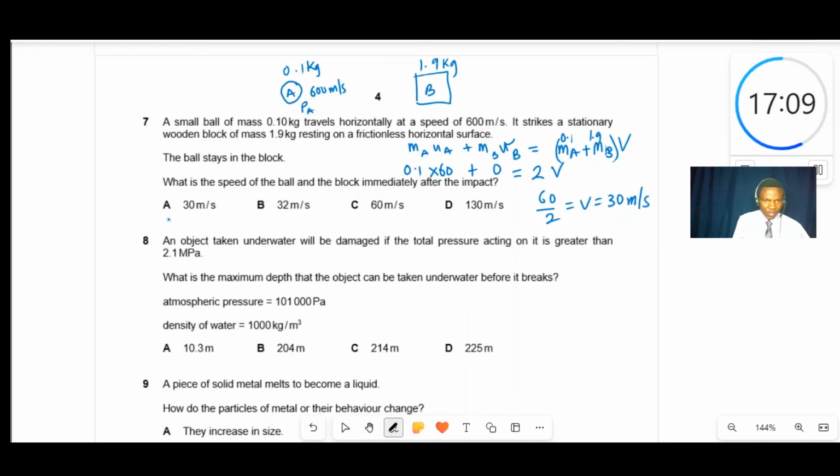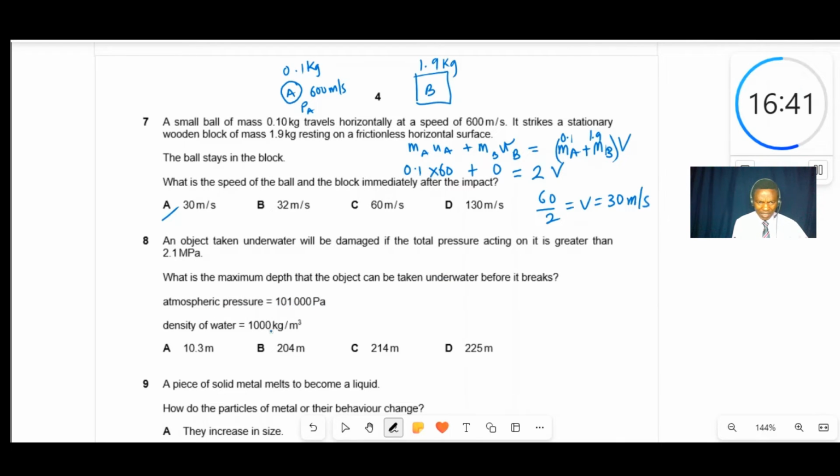Number 8. An object taken underwater will be damaged if the total pressure acting on it is greater than 2.1 megapascal. What is the maximum depth that the object can be taken underwater before it breaks, given the atmospheric pressure is 101,000 pascal? Density of water is this.